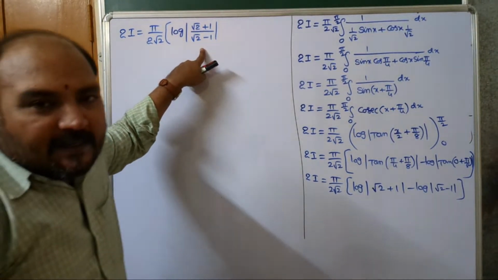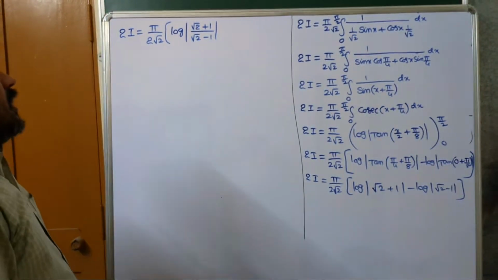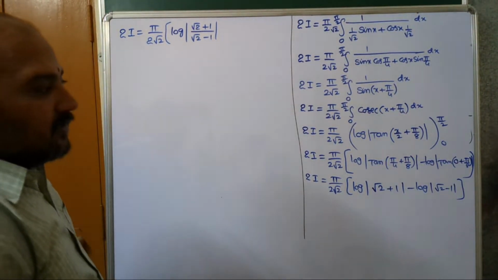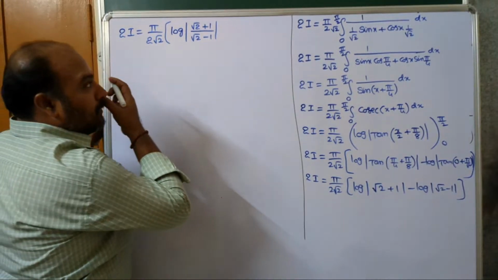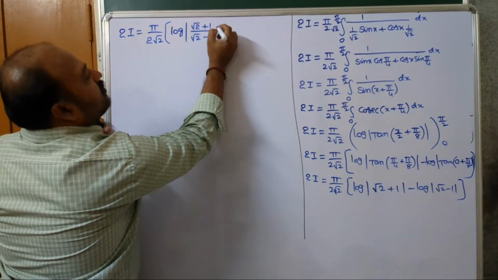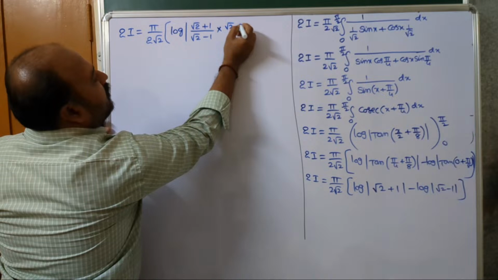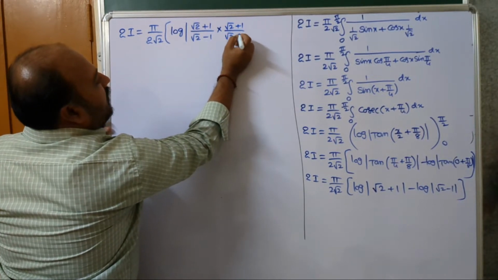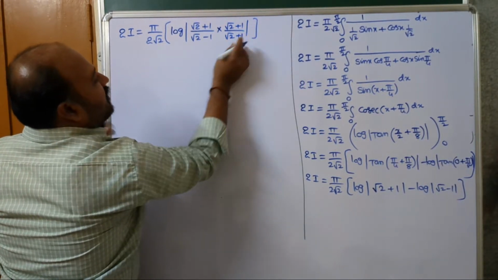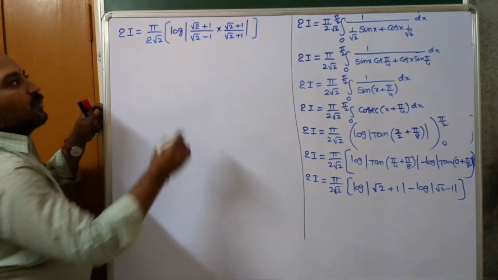So how to calculate this one? We have to do the rationalizing factor. So multiplying and dividing by root 2 plus 1, the rationalizing factor for the denominator root 2 minus 1 is root 2 plus 1.